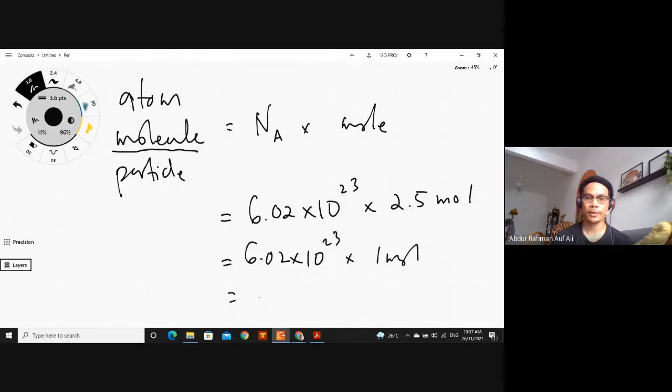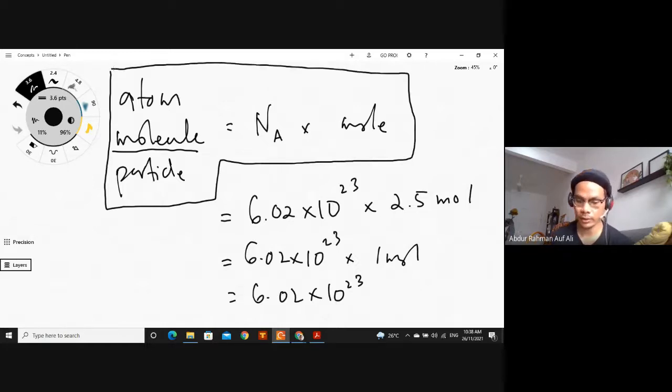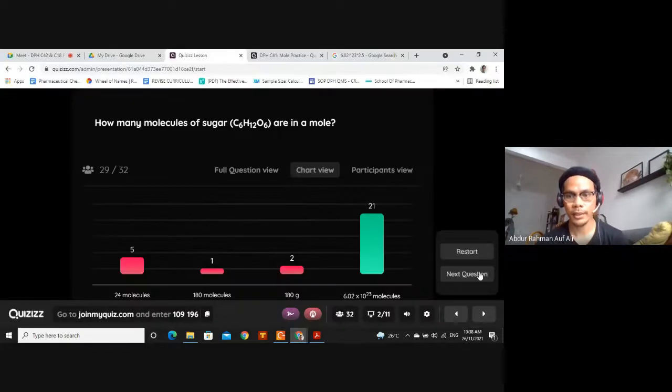That's why the answer adalah 6.02 darab 10 kuasa 23. Always starts with this formula. Nak cari bilangan atom ke, bilangan partikel ke, bilangan molekul, use this formula. Write it down and try to hafal. Kalau kamu faham, you don't even need to hafal. Okay. So next question.